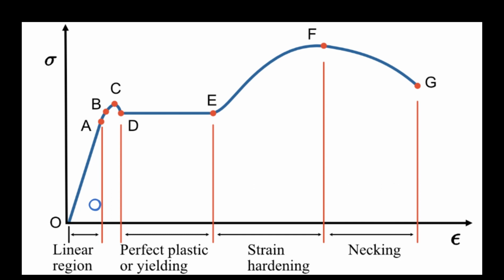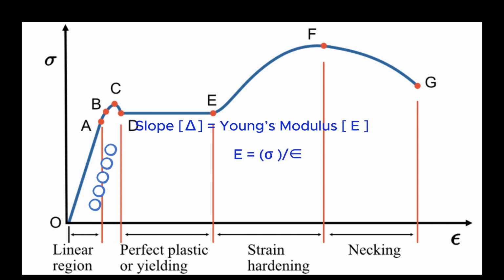When a force is applied to the material, it deforms proportionally and recovers its original shape when the force is removed. The stress-strain relationship is governed by Hooke's law, which states that stress is directly proportional to strain within the elastic limit. The slope of the curve in this region represents the material's elastic modulus or Young's modulus.